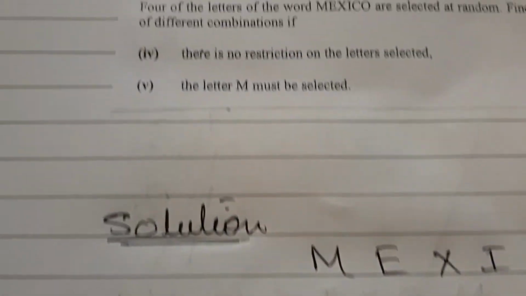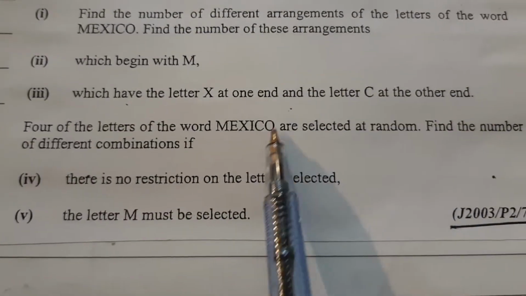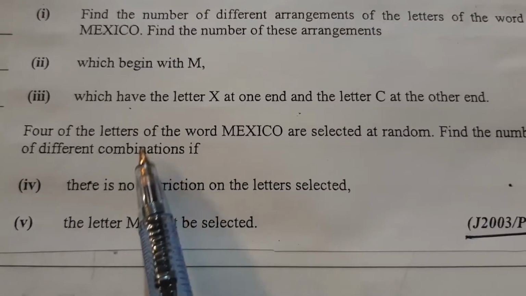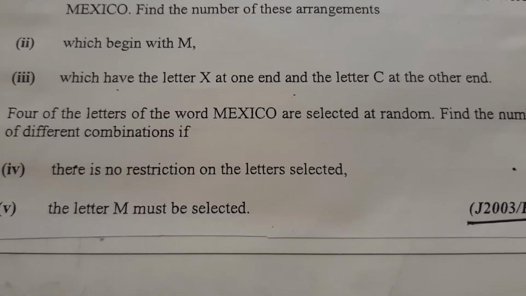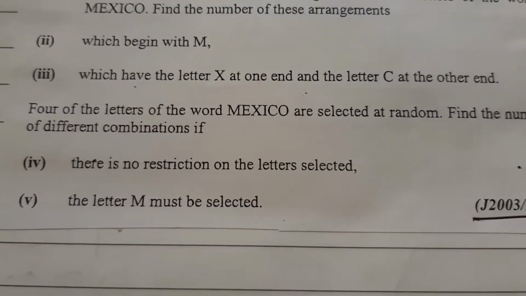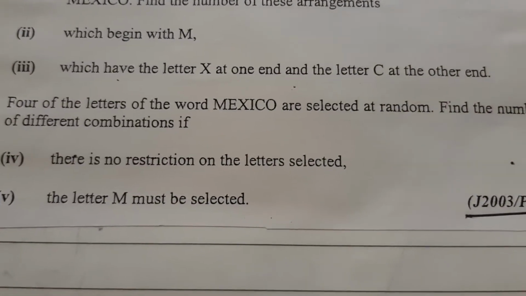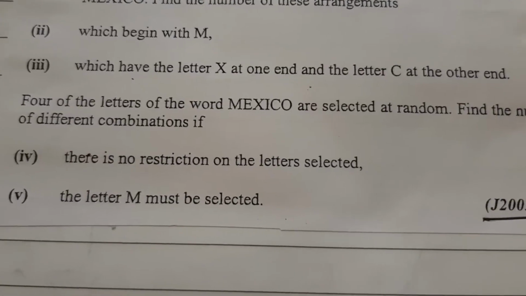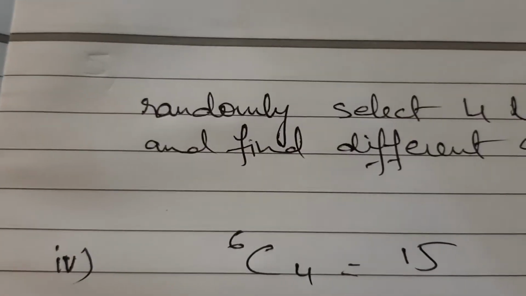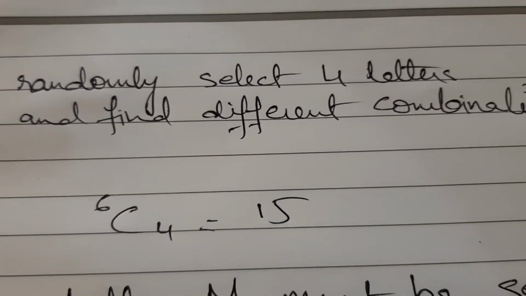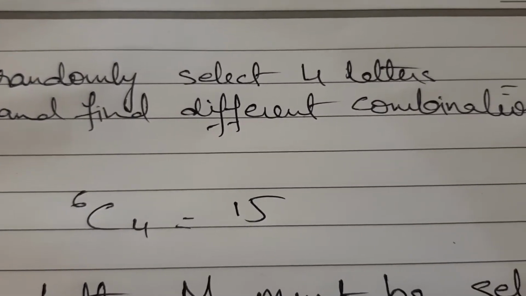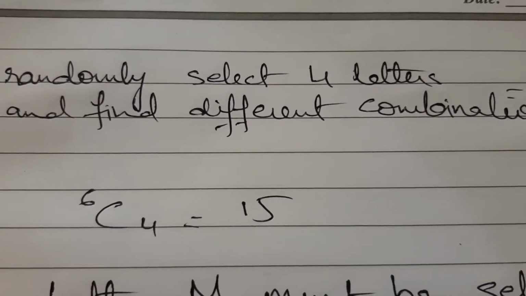Okay, so coming back to the question which I by mistake started first. Now we are selecting 4 letters, right? So how many different combinations we can make from the 6 letters? So I think this is a simple case which is 6C4, when you are selecting 4 letters from 6 letters and making different combinations.